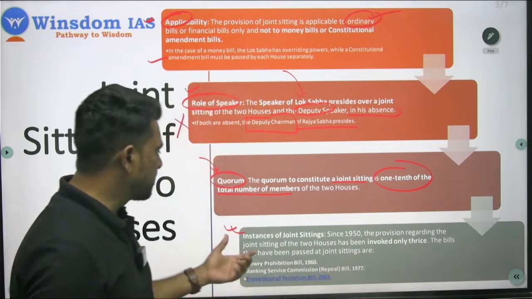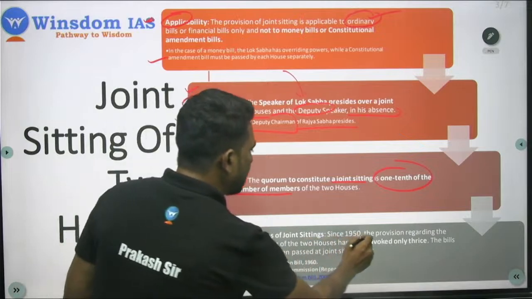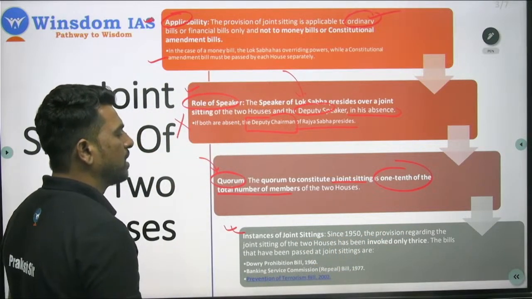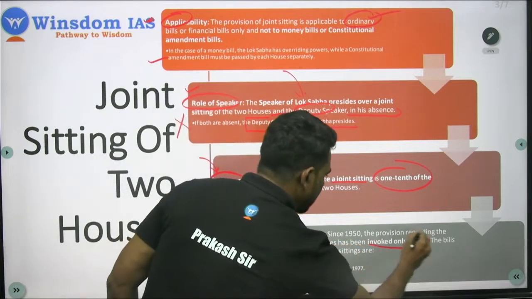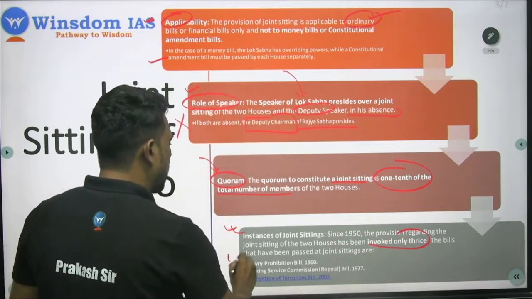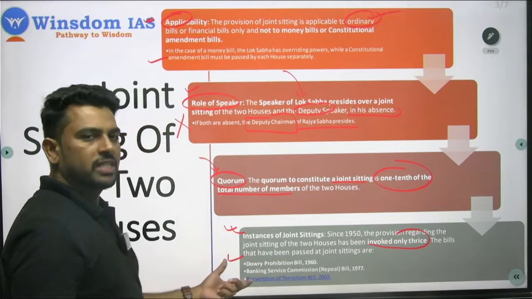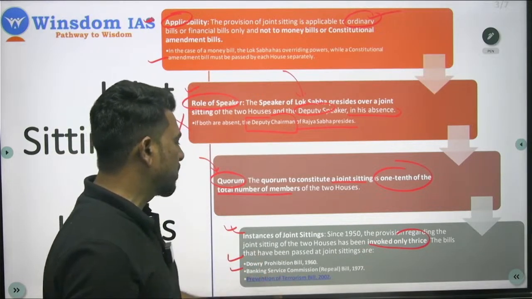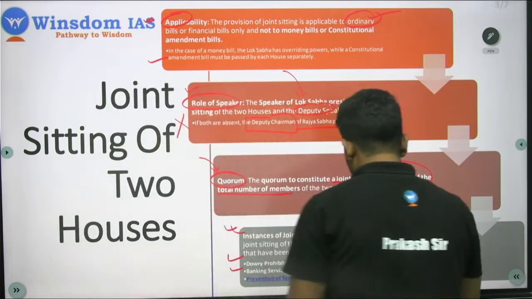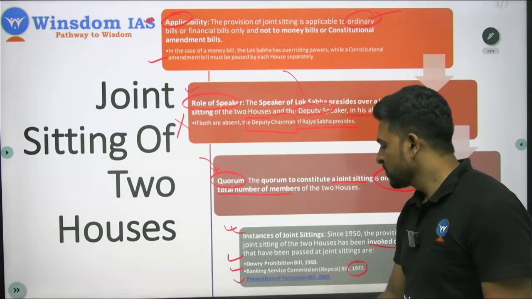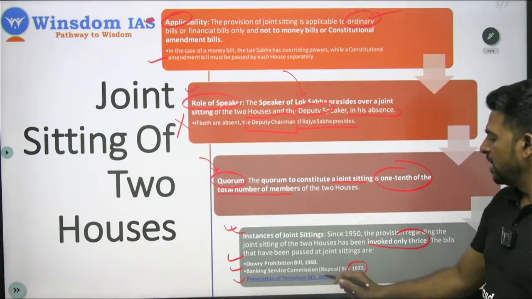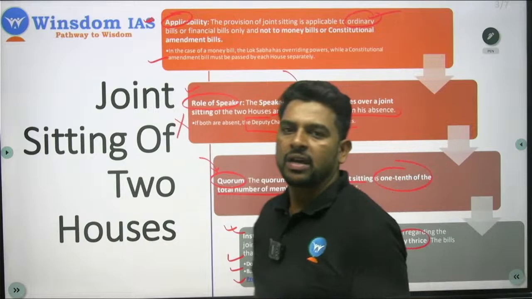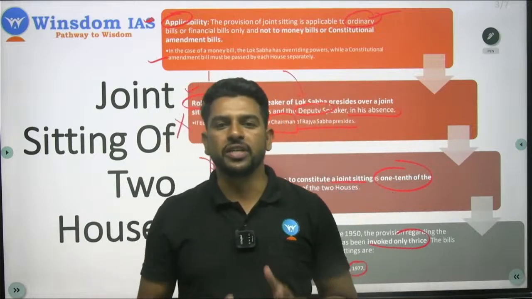So first remember that since 1950 the provision regarding the joint sitting of the two houses has been invoked only thrice. Number 1, the Dowry Prohibition Bill, in 1960. The second, the Banking Services Commission Repeal Bill, 1977, and third, the Prevention of Terrorism Bill, 2002. So these are the 3 instances where the President called for the joint sitting.